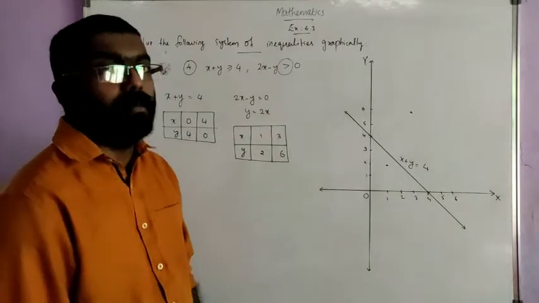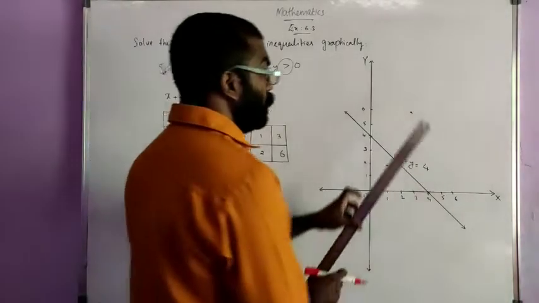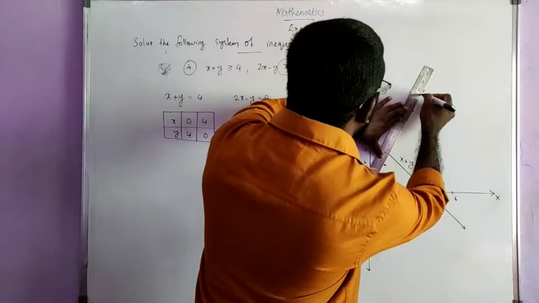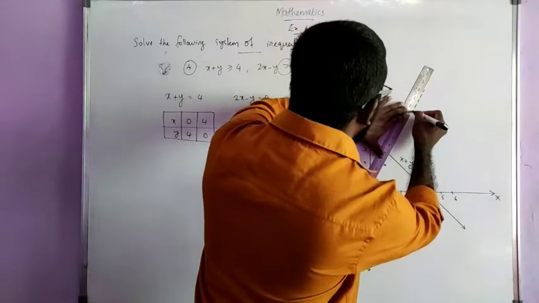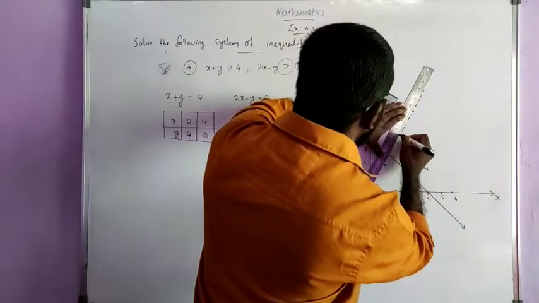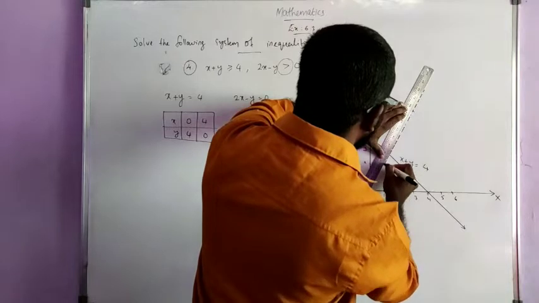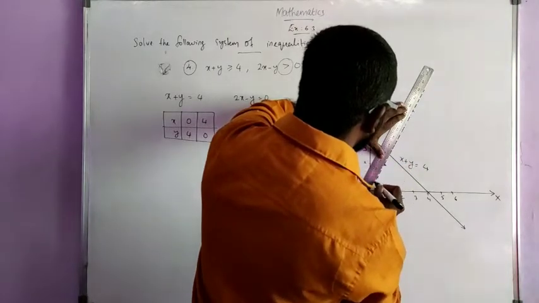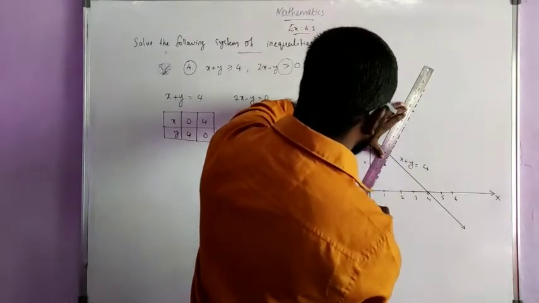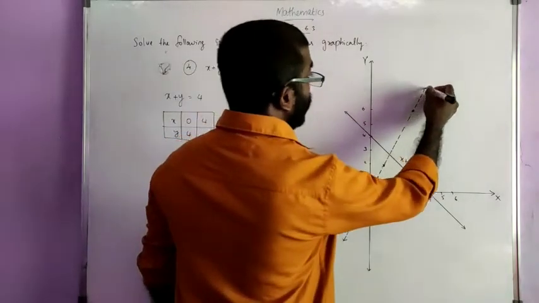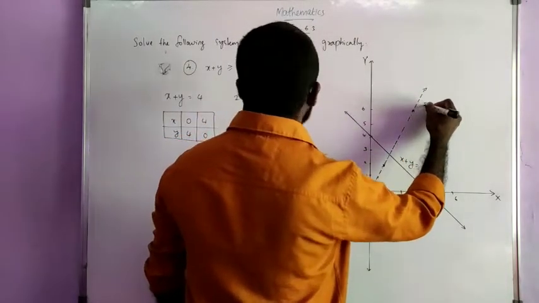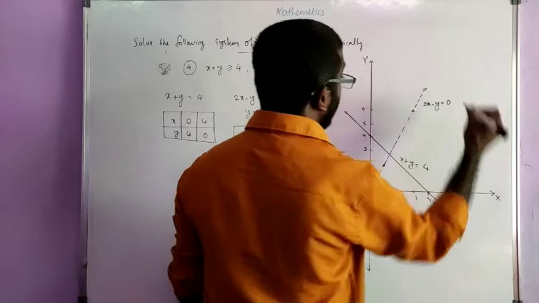Okay, that's very important. So we can join using a dotted line. And here we can write 2x minus y is equal to 0.